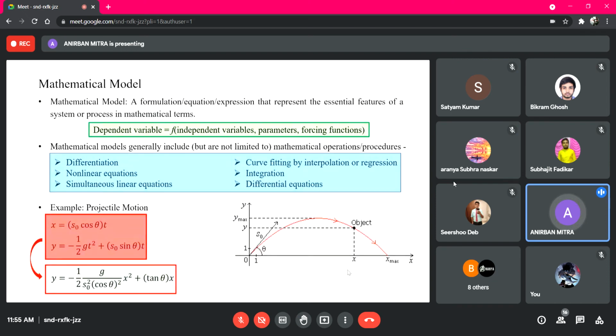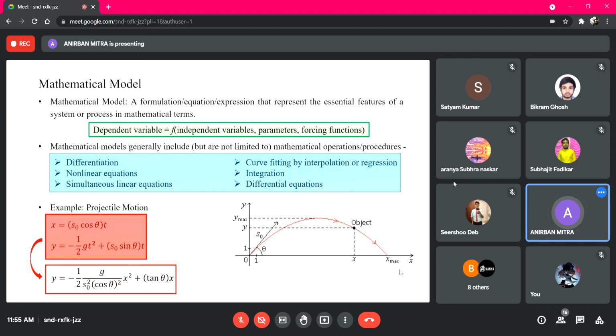If you think about the first equation here, that is x equal to s0 cos theta into t, then x is the dependent variable, of course, position at time t. S0 and cos theta would be the system parameters, the velocity at which it is thrown, and the angle at which it is thrown.